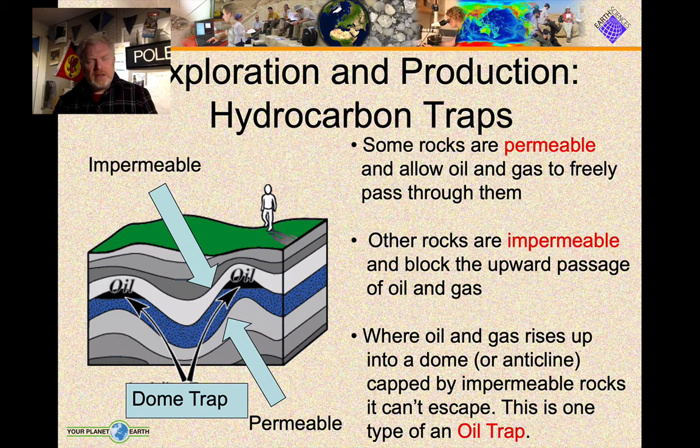The oil then needs to migrate through a permeable rock and accumulate in a permeable rock we call a reservoir rock. There needs to be some type of structure which allows that oil to accumulate. And then we need to have a cap rock of an impermeable rock above that structure to actually prevent any further upward migration of the oil.